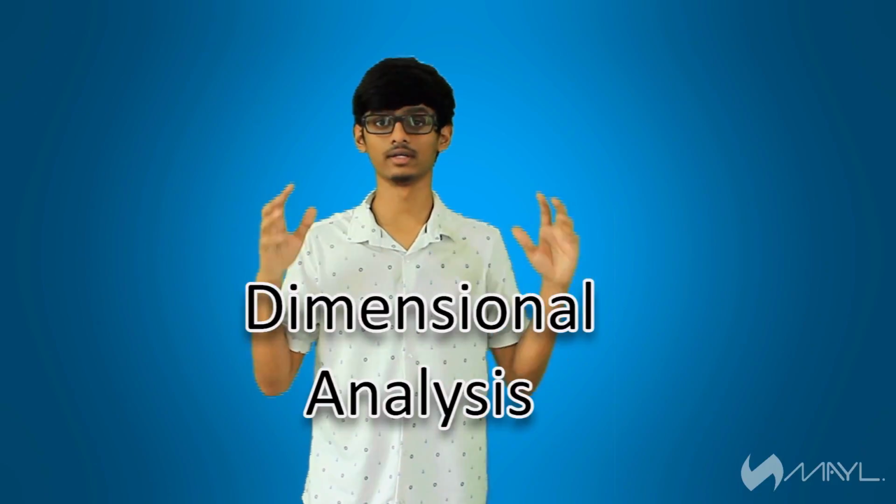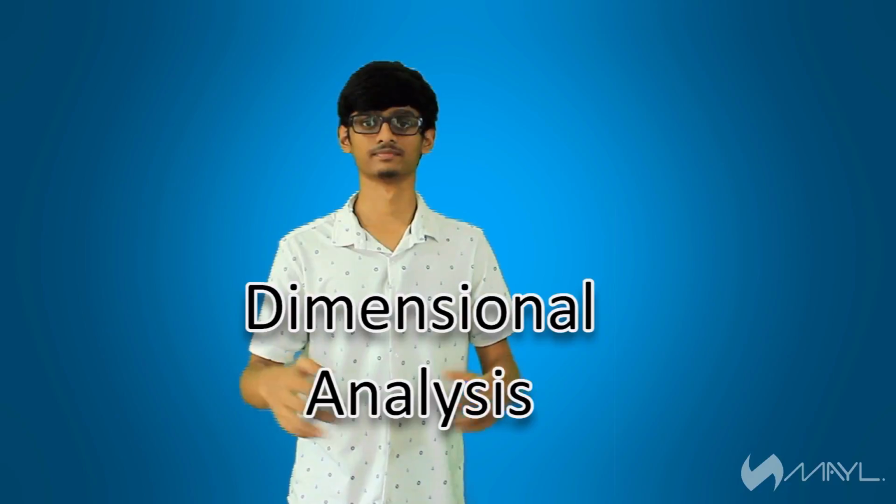In other words, to compare any two things, the dimensions of those two things must be the same, regardless of how they're written as or whether they're equal or not. And that is the main idea behind something called dimensional analysis.